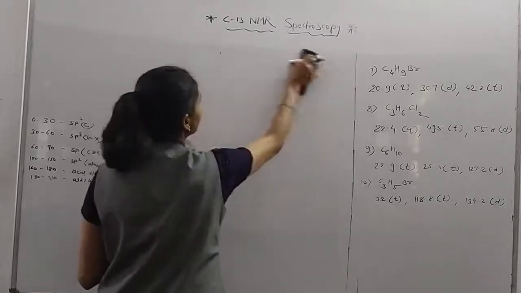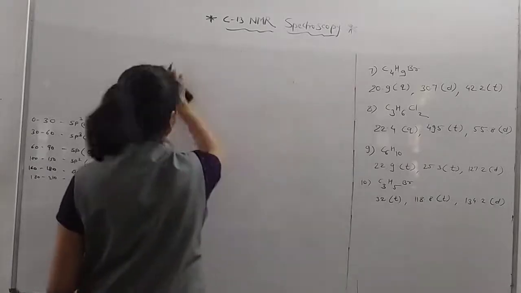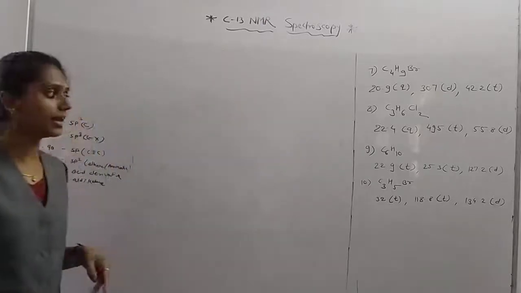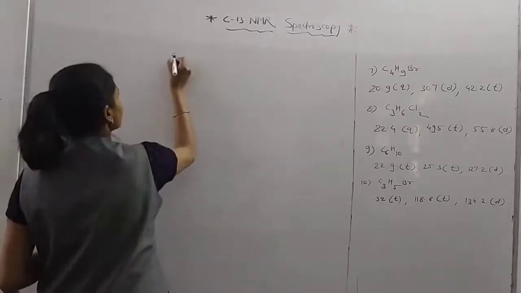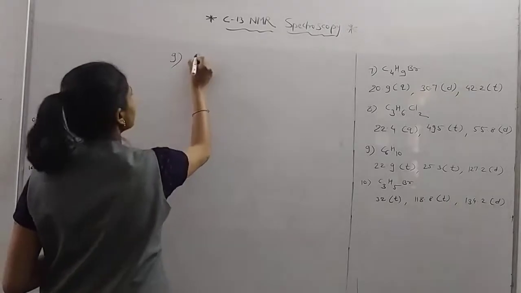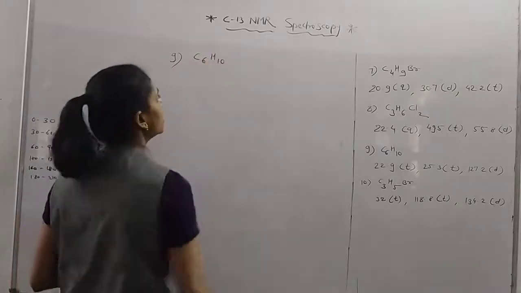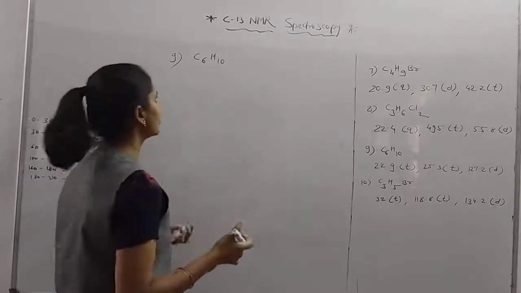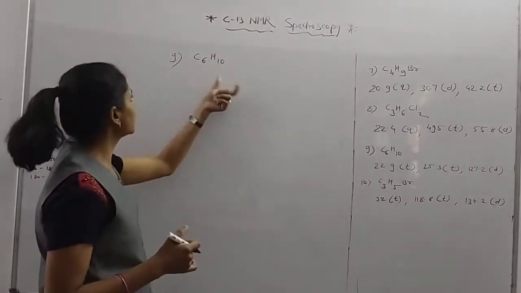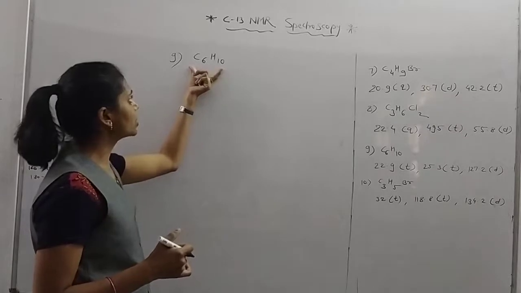Okay, now we will solve the next problem, number 9: C6H10. That means there is no halogen or nitrogen, so we can take the molecule as it is for the unsaturation.